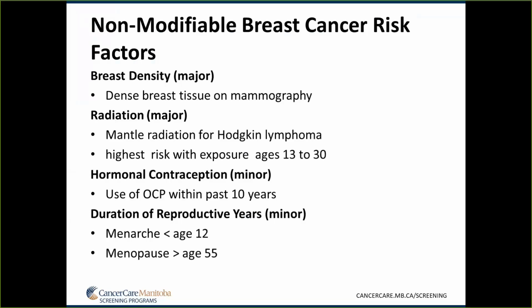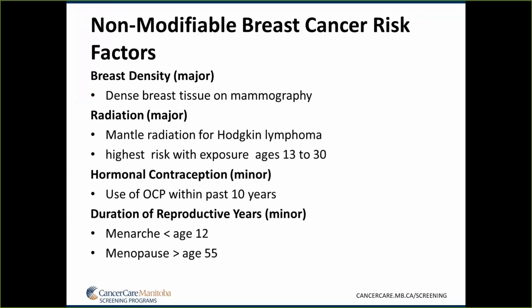Those of you who have patients who had treatment for Hodgkin's lymphoma and who received mantle radiation, especially if they were an adolescent or young adult, that is a major risk factor. And their radiation oncologist can guide you and your patient with respect to what kind of surveillance they should undergo.